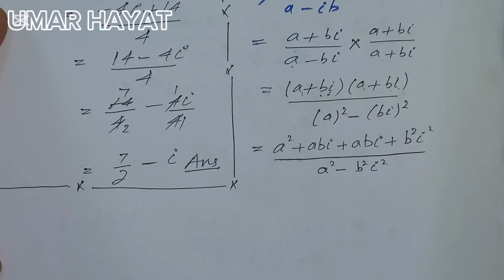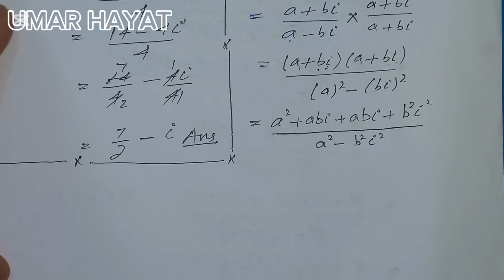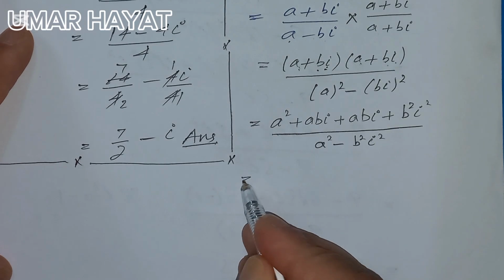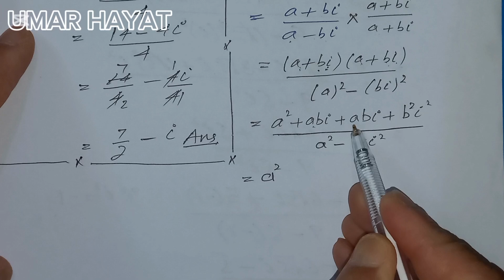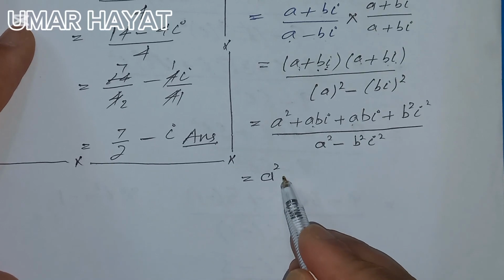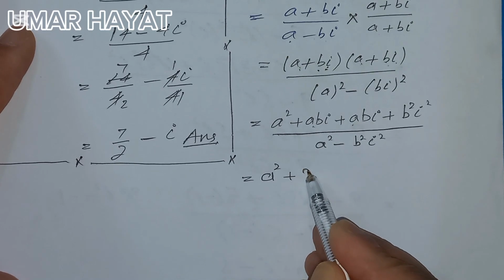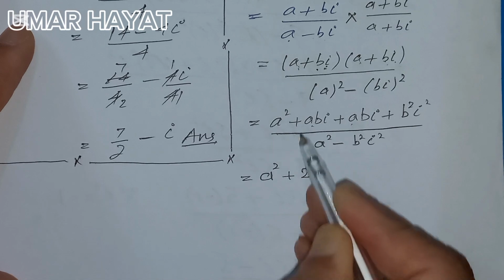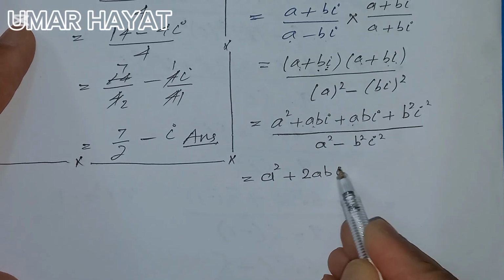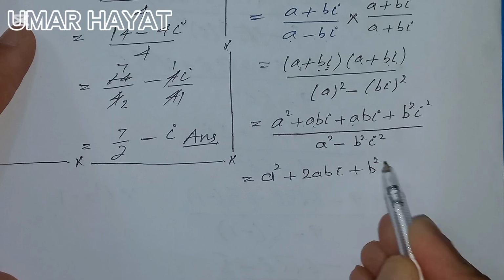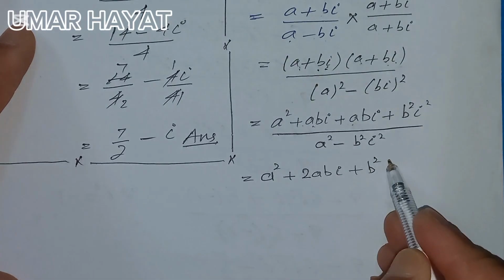Now we know that i square is equal to minus 1. These two, abi plus abi, are like terms, so their coefficients are added: 1 plus 1 is 2abi, plus b square i square, and i square is equal to minus 1.